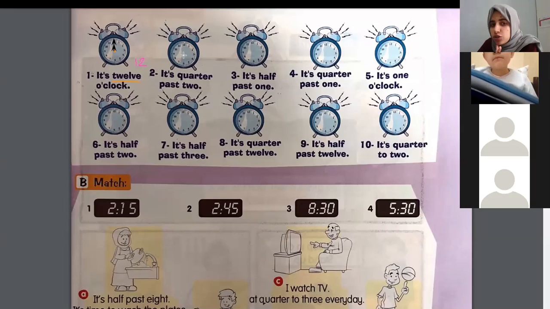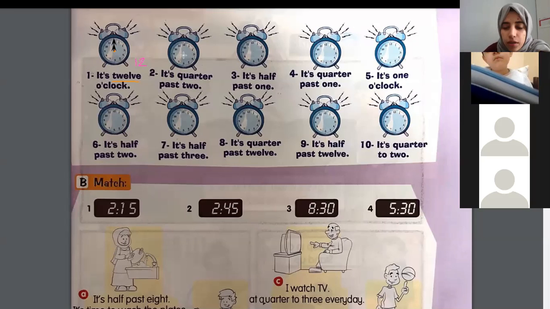At 3 or 6 or 9 or 12? Bushra, you can look at the first page. When they said 2:15, the long hand was at 3 or 6 or 9 or 12?